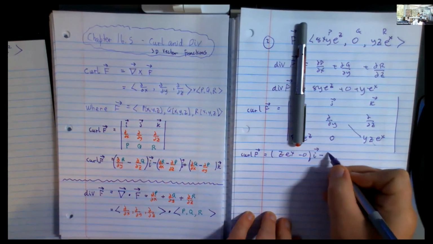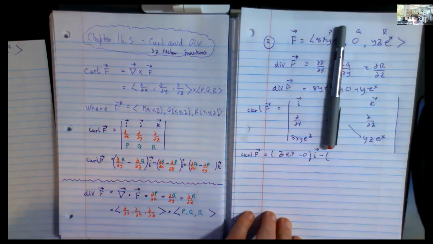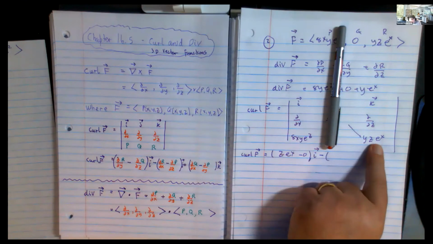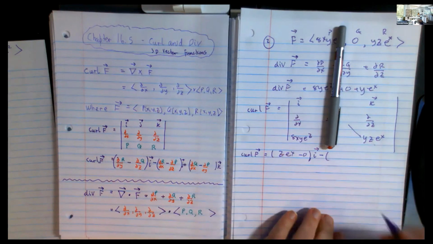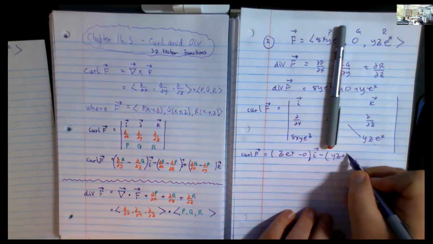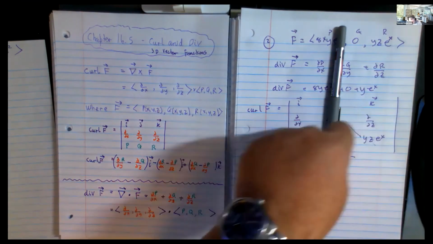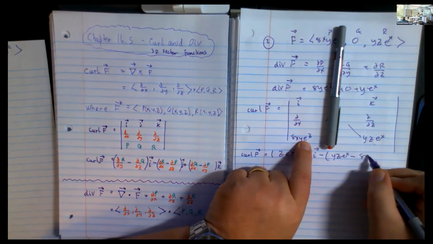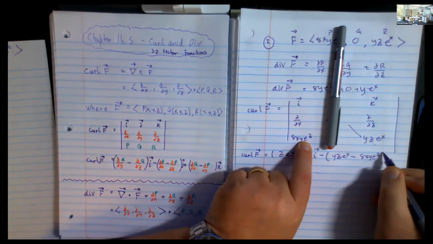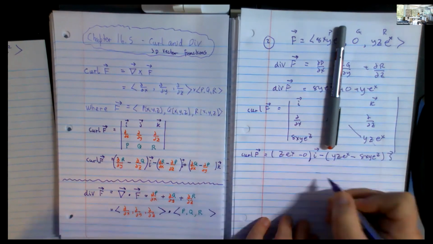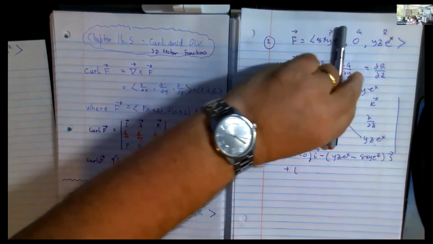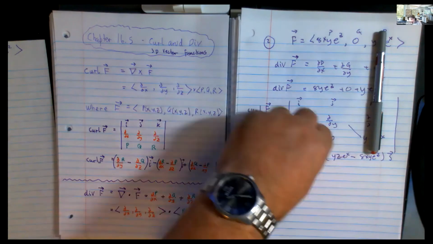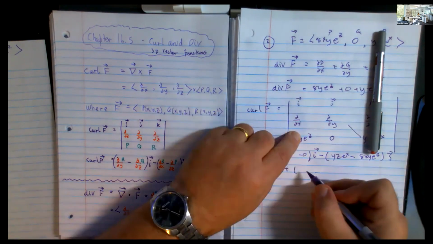Minus, get this fella. This guy, partial derivative with respect to x is yz e to the x, subtract the partial derivative of this guy with respect to z, which is 8xy e to the z, and that's your j. Underneath here, I'll do the k now. That's nothing. Take away this guy.